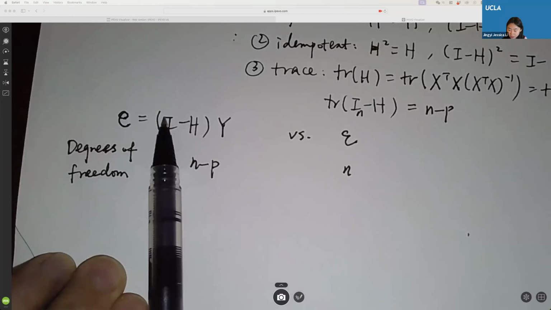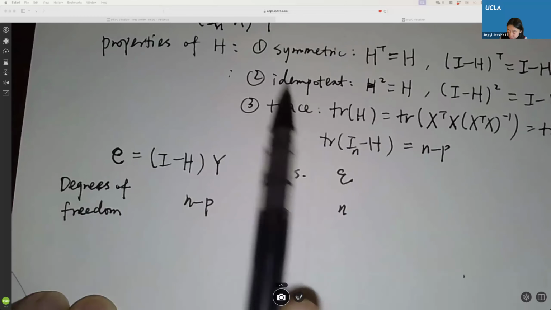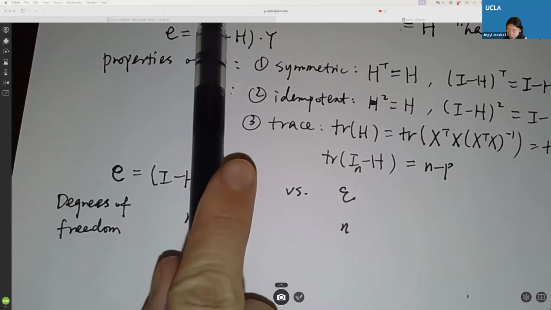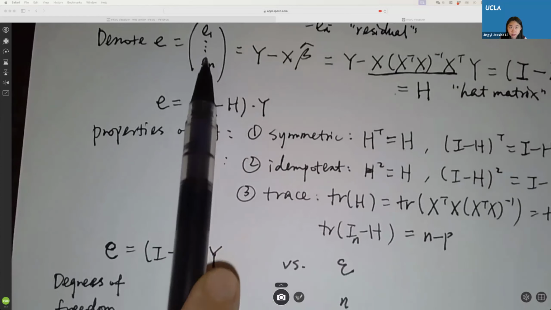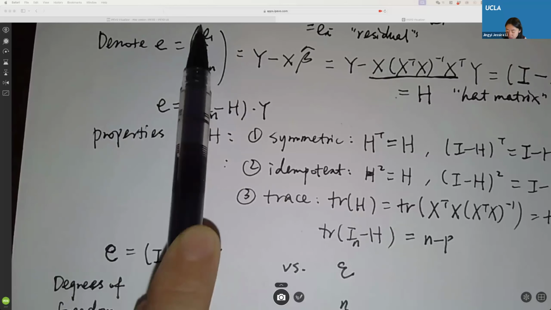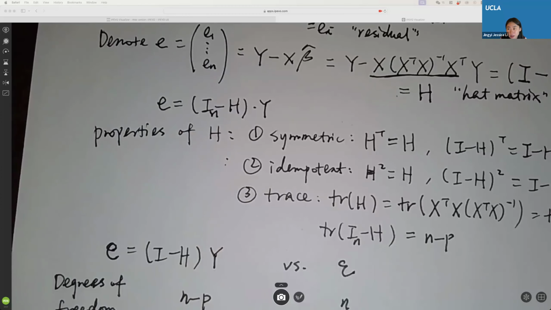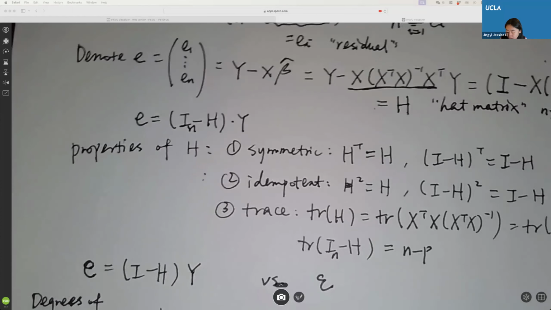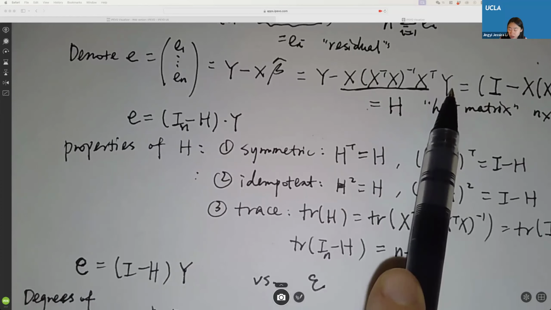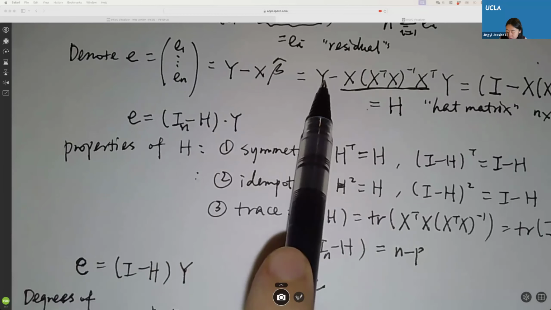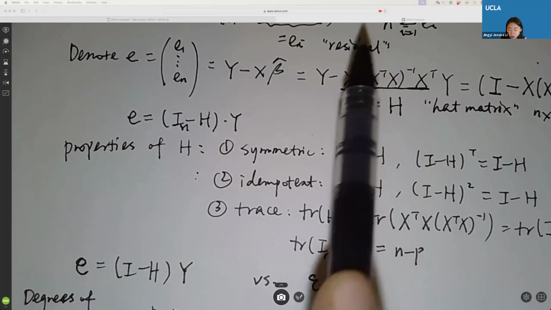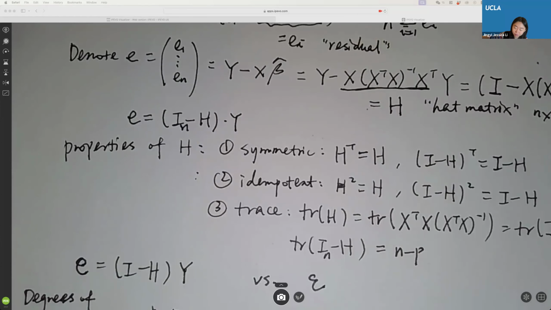And also it makes sense because between the residuals, E1, E2 to En, the residuals are not independent of each other. The reason is that each Ei is calculated based on all the Y's, not just one Y. So they become dependent, right? You are not just relying on its own thing.